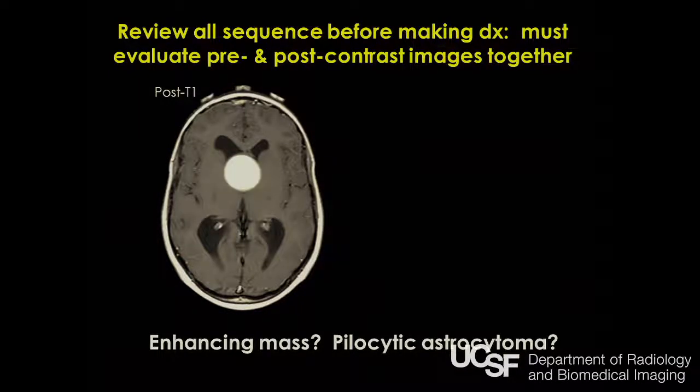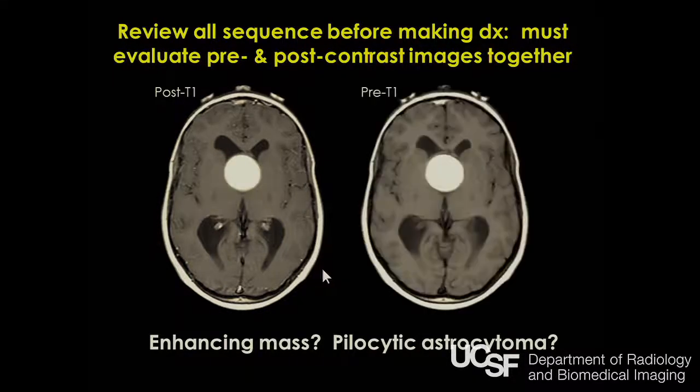Here's why you must look at post-GAD imaging together with pre-GAD imaging. This patient came to us from outside with a report saying homogeneously enhancing sellar/suprasellar mass, most consistent with pilocytic astrocytoma. When we looked at the pre-GAD, it looked just like the post-GAD. This is not a homogeneously enhancing mass at all.